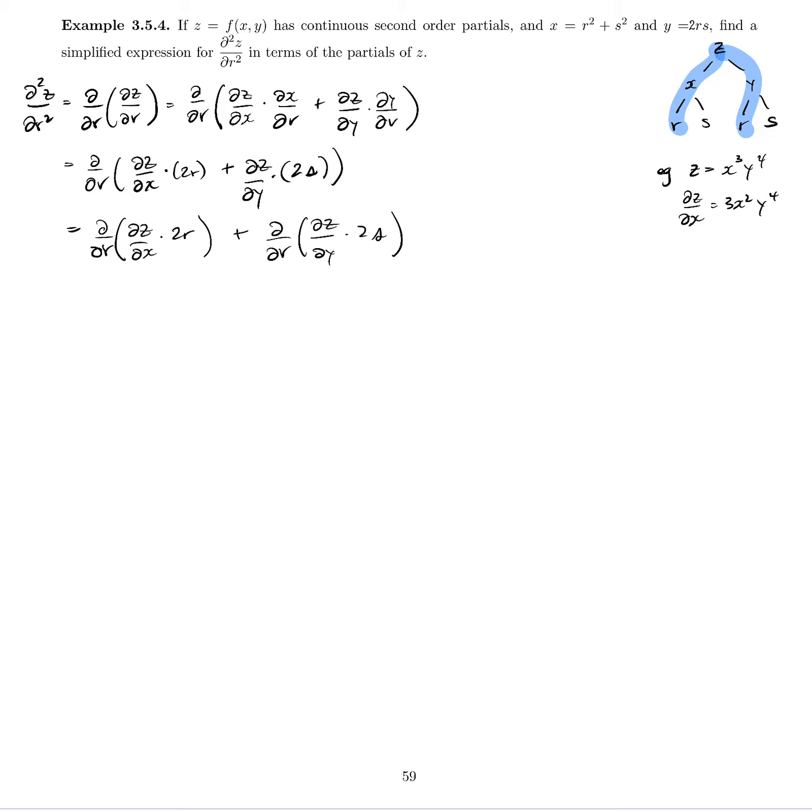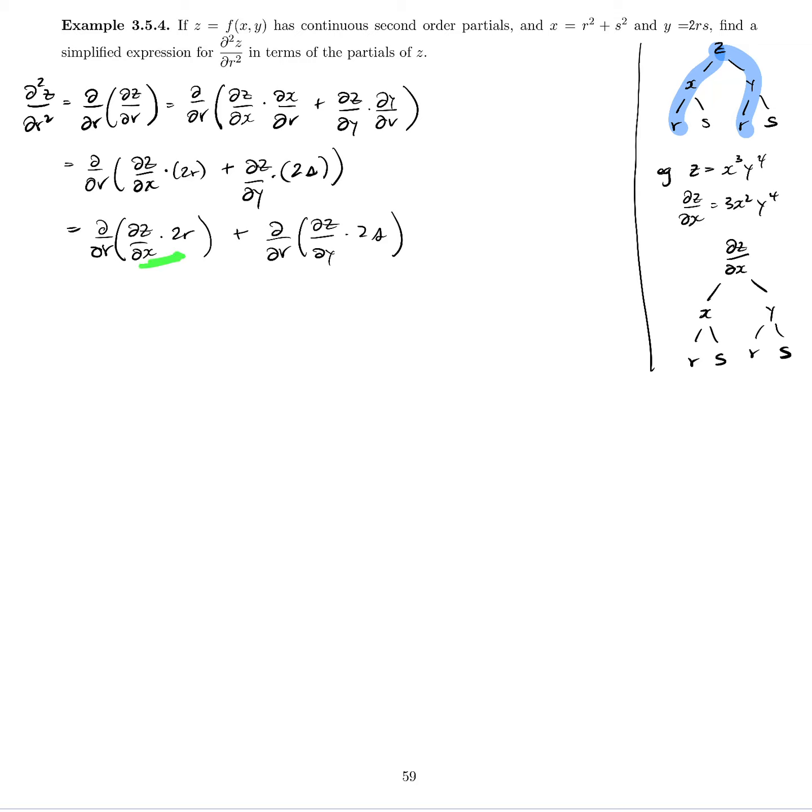And since ∂z/∂x has both x's and y's in it, and x and y depend on r, we would have a tree. ∂z/∂x depends on x and y, and each of those depend on r and s. So even though there's no r apparent, ∂z/∂x depends on r. And obviously ∂z/∂y by an analogous argument is also going to depend on r.